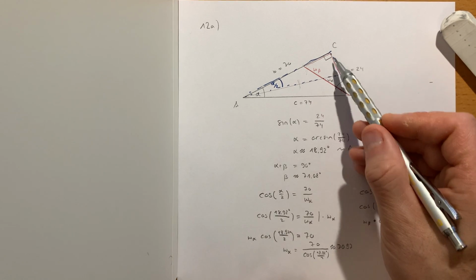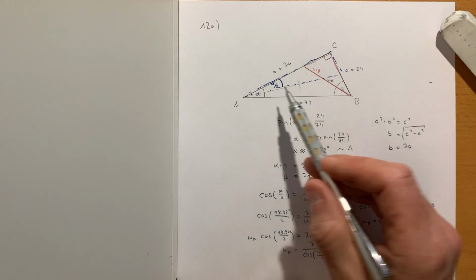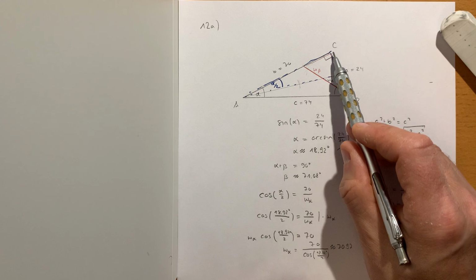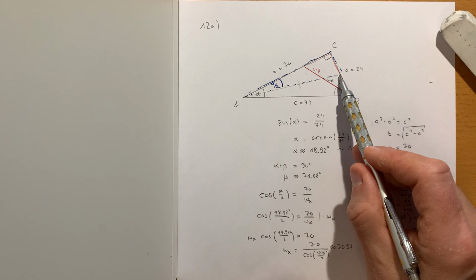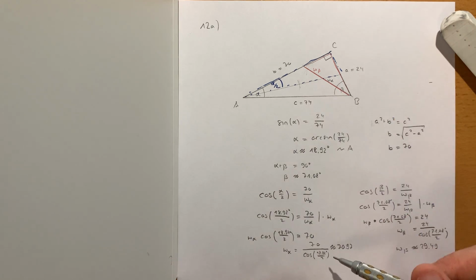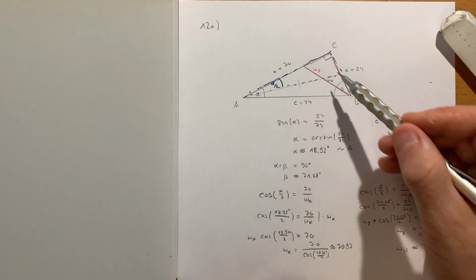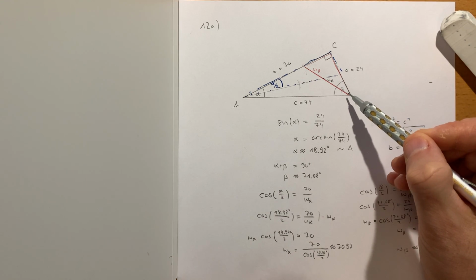So I worked out all the sides and all the angles in this triangle. Then I was able to use the blue triangle, because that's the right one. We can only use trigonometry in right triangles in order to work out the length of W alpha. And I did the exact same thing with the length of W beta.